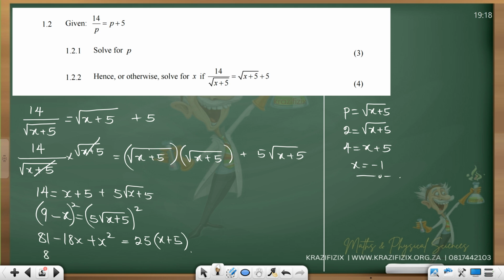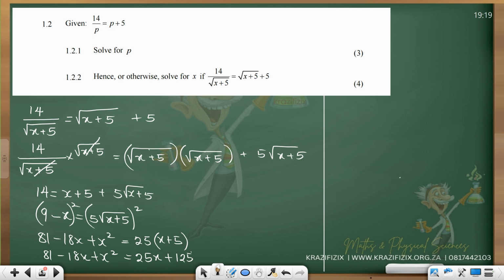Okay, let's expand. 81 minus 18x plus what? What would this give us? 25x plus 125. Let's do the maths. Move everything over. What are we going to get? I know it's quite longer, but I just love you to see it. X squared. What is minus 18 minus 25? Minus 43. Minus 43x. 81 minus 125.